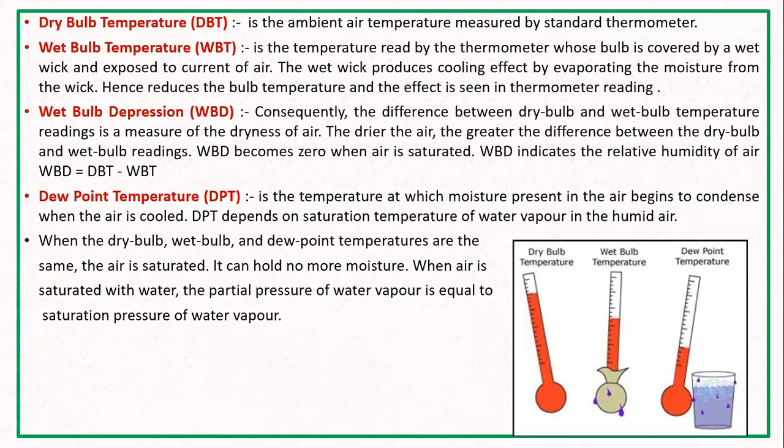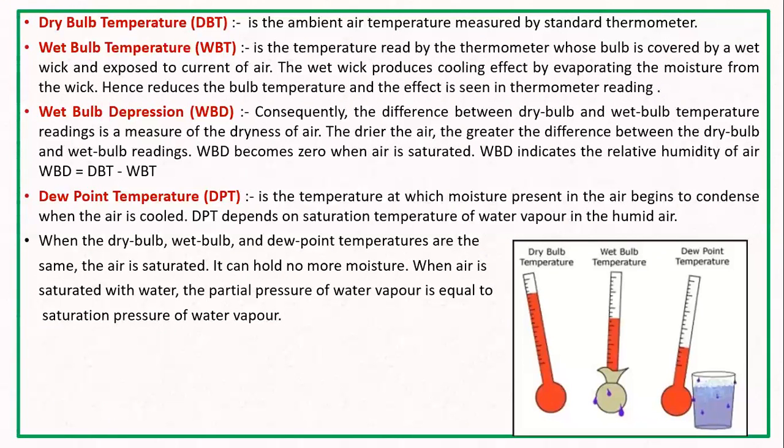Example, let us see. Early morning, we can see small dew drops over the grass. This is because during afternoon, the temperature is very high and the capability of the air to contain water vapor is high. As the temperature goes down during night, the capability of holding the moisture starts reducing.